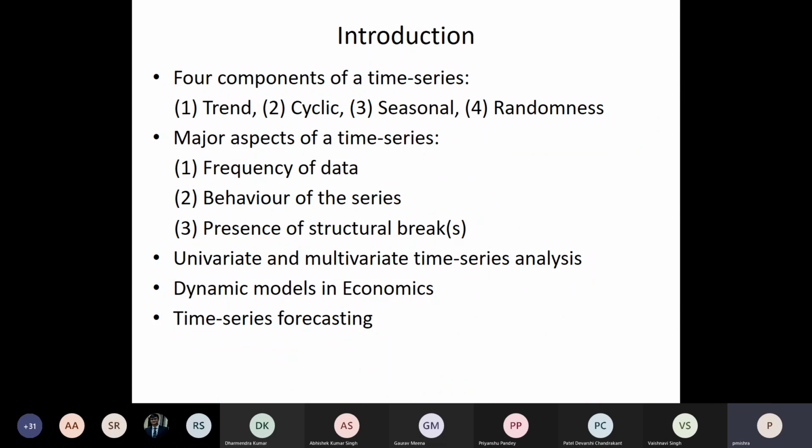And these are very important aspects, in fact. We say that simply using time series data without looking at, say for example, stationarity or presence of unit roots, etc., may result in spurious regression. So behavior of the time series is another important aspect that we look at while forecasting.